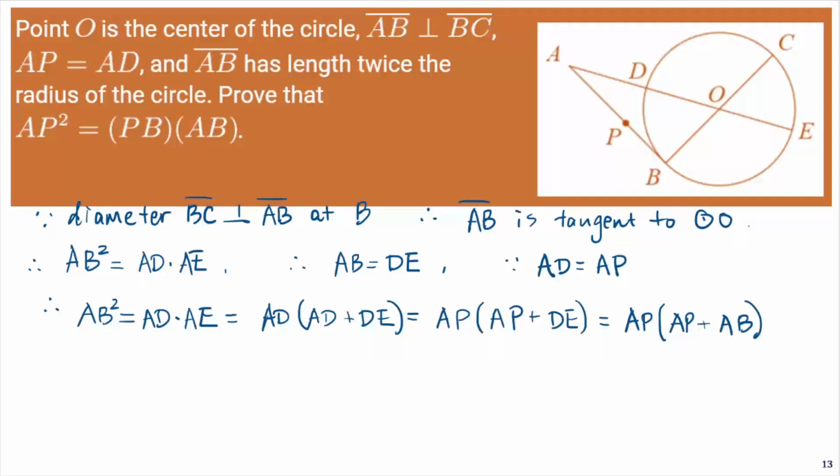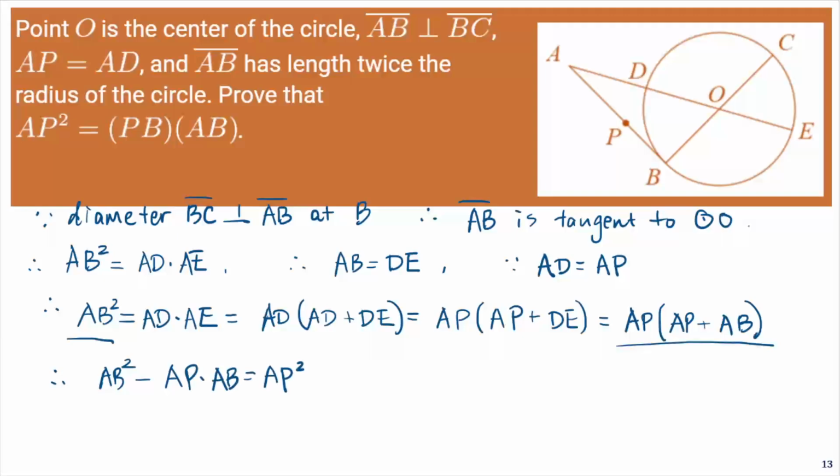Expanding and rearranging, AB squared equals AP squared plus AP times AB gives us AB squared minus AP times AB equals AP squared.